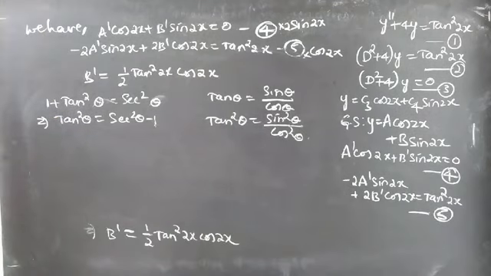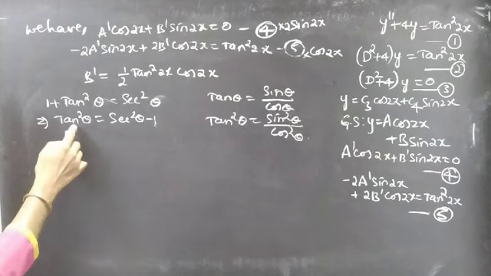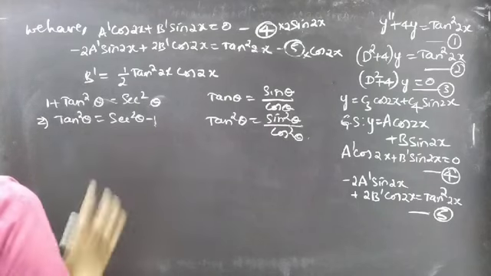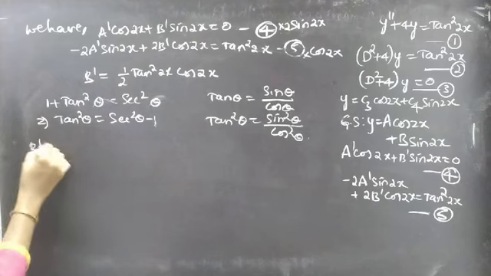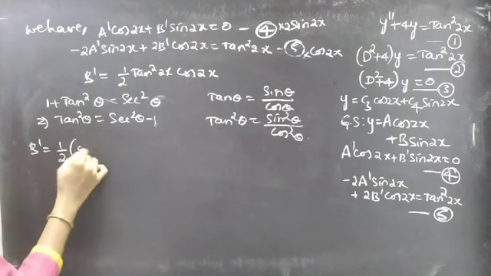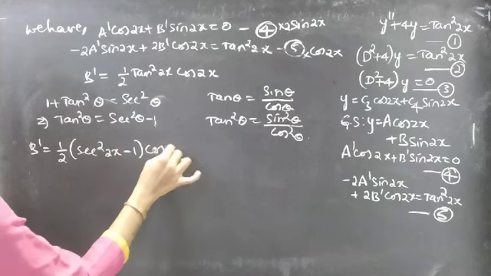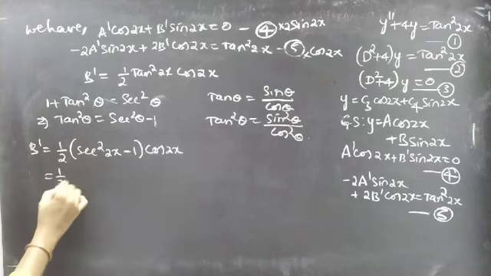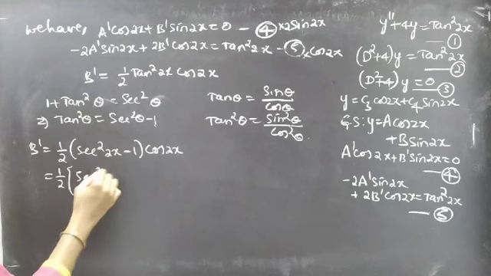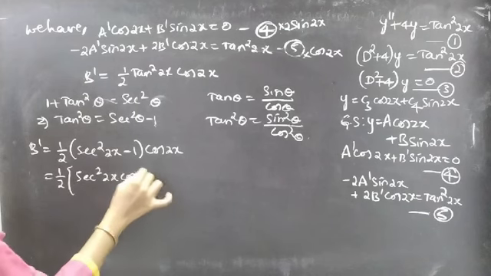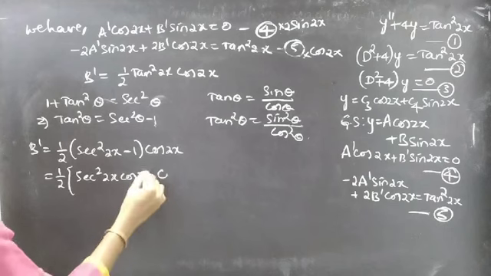Okay, so let's see in both the cases. If tan square theta equals secant square theta minus 1, then b' becomes 1 by 2 into secant square 2x minus 1 into cos 2x, right? This equals 1 by 2 into secant square 2x into cos 2x minus cos 2x, right?